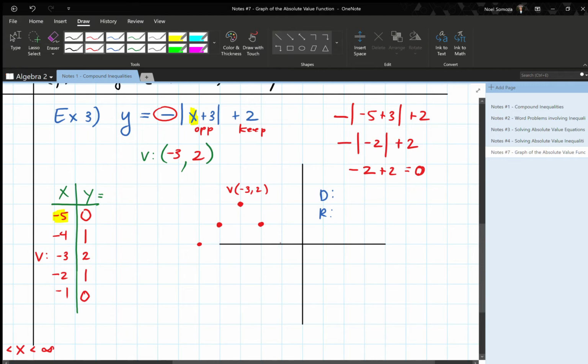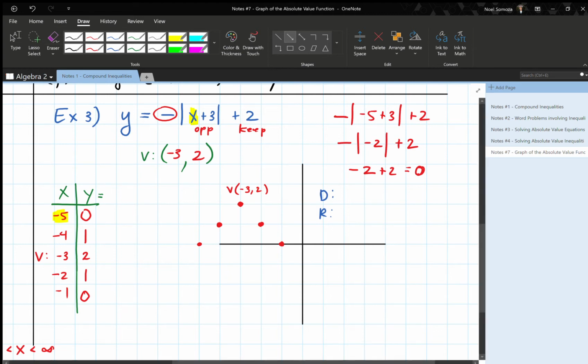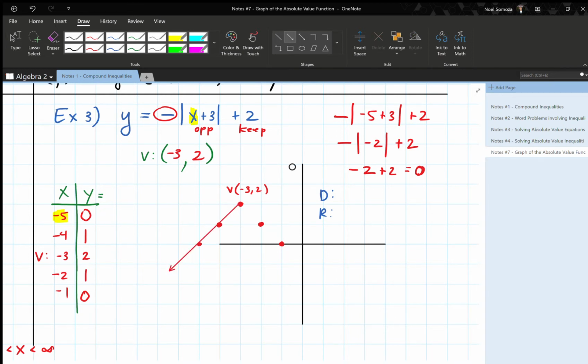And -1, 0. Okay, so from there, it's a little different, right? I have my vertex now, it's at the top instead of at the bottom. So this is why I like to label it, because that reminds me, okay, that means I put my pencil here and then I connect down, right? Same thing here. So starting from my vertex, connect the points downward, do the same thing to the other side.